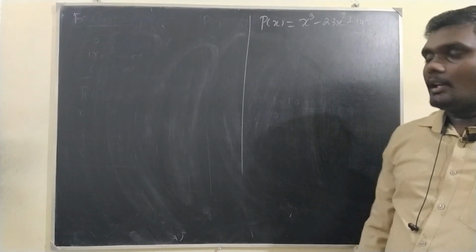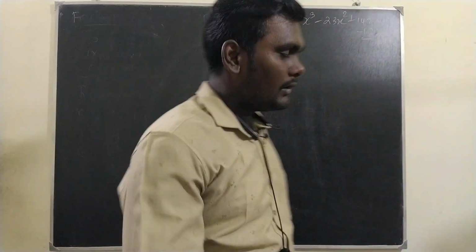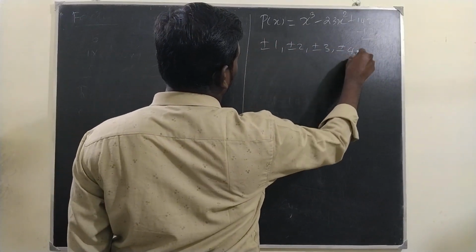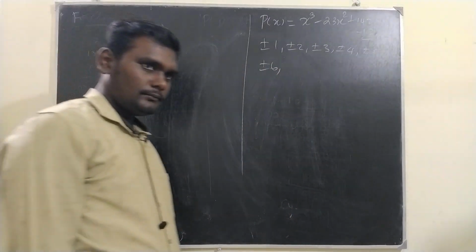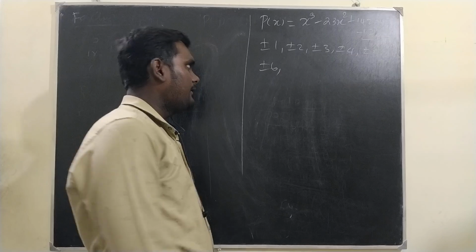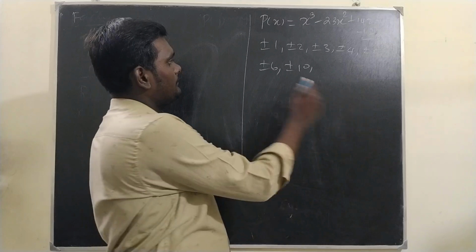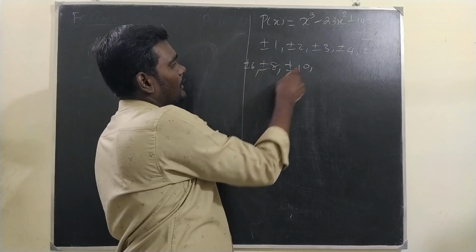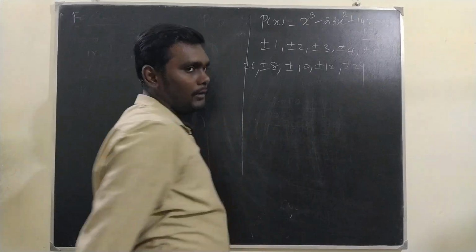After naming it, we have to find the factors of the constant term. Factors of the constant term, they are what? Plus or minus 1, plus or minus 2, plus or minus 3, plus or minus 4, plus or minus 5, plus or minus 6, plus or minus 7, shall we write? No. 8 will come, then plus or minus 8, 9 will not come, 10 will come, and then 12, after that 24 only.